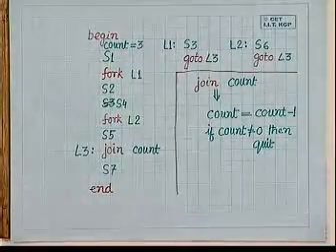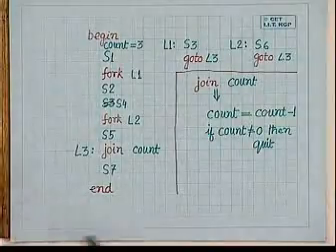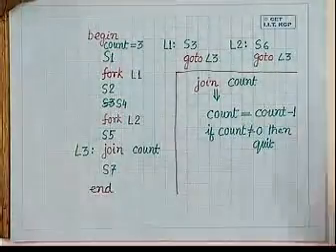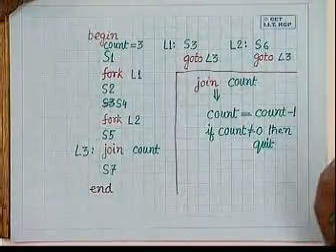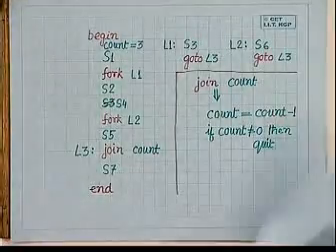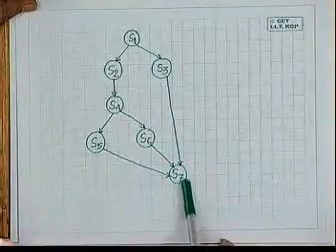So this is a very, very simple precedence graph that we have taken for writing such a concurrent program. Okay. And in this precedence graph, we have seen that the processes are joined only at one point.